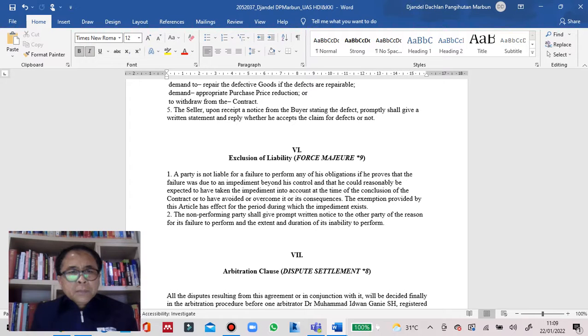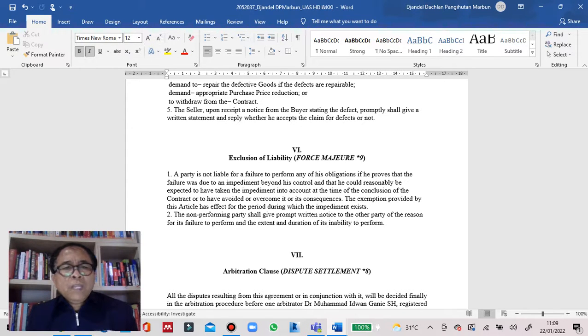1. A party is not liable for a failure to perform any of his obligations if he proves that the failure was due to an impediment beyond his control and that he could not reasonably be expected to have taken the impediment into account at the time of the conclusion of the contract or to have avoided or overcome it or its consequences.